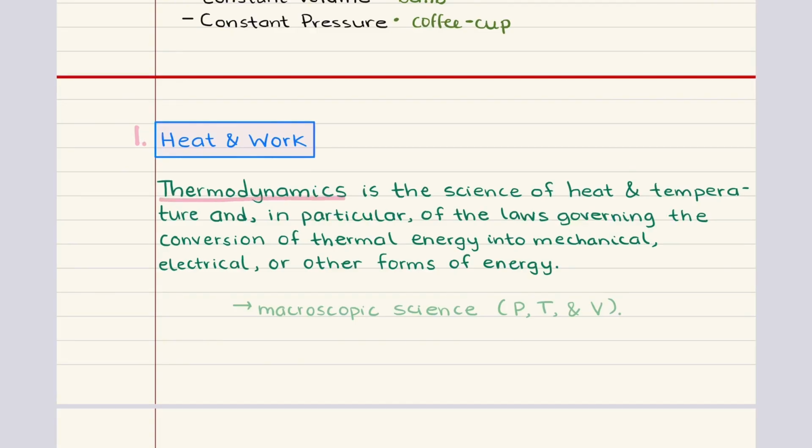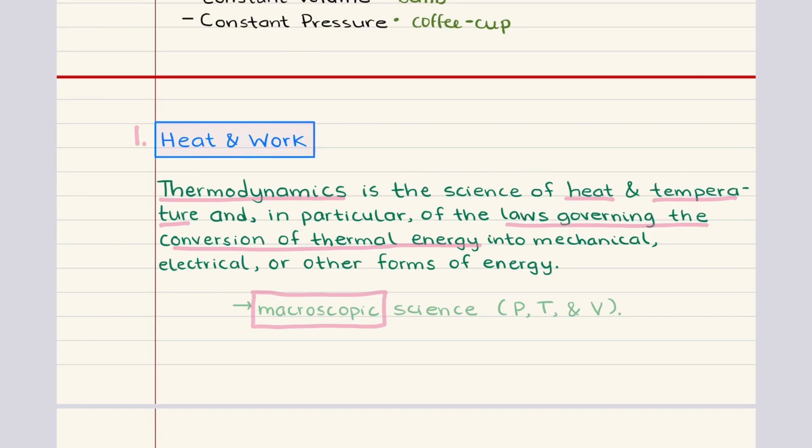Thermodynamics, at its core, is the science of heat and temperature and of the laws that govern the conversion of thermal energy into other forms of energy like mechanical, electrical, or chemical energy. Most importantly, thermodynamics is a macroscopic science.